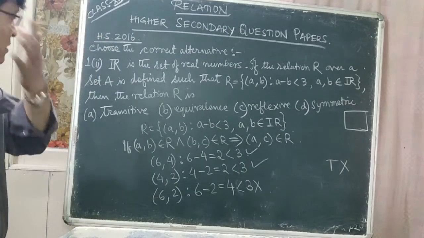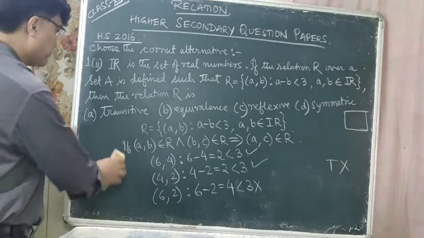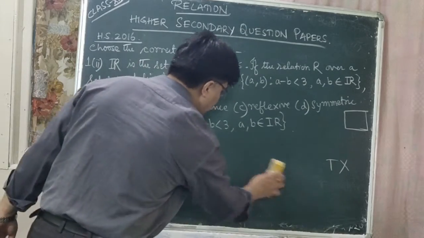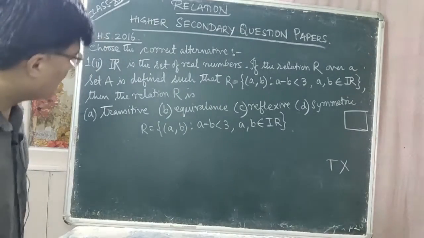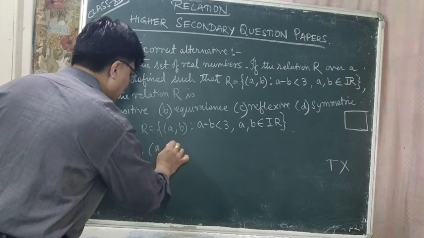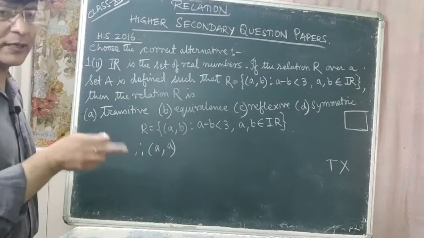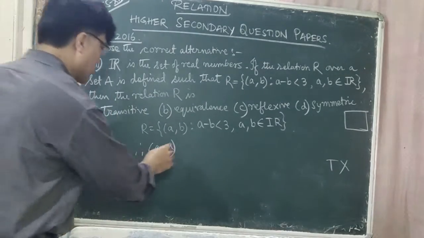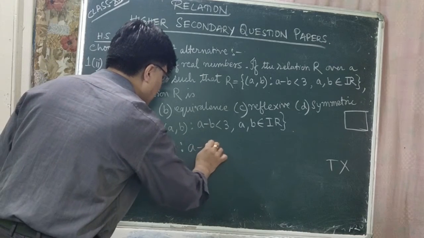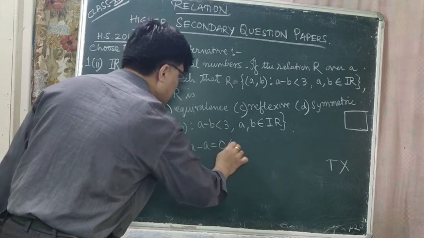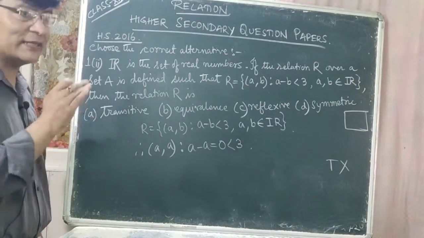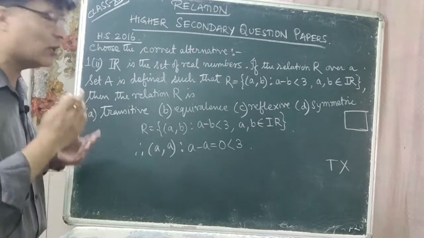Now let us check for this C, reflexive. We are checking whether it is reflexive or not. Reflexive means you have to take the same number, (a, a). You will take (1, 1), (2, 2), (3, 3), etc. So if you take (a, a), what is a minus a? a minus a is equal to 0, which is obviously less than 3. 2 minus 2 is 0, 3 minus 3 is 0, 2 by 3 minus 2 by 3 is also 0, that is also a real number.